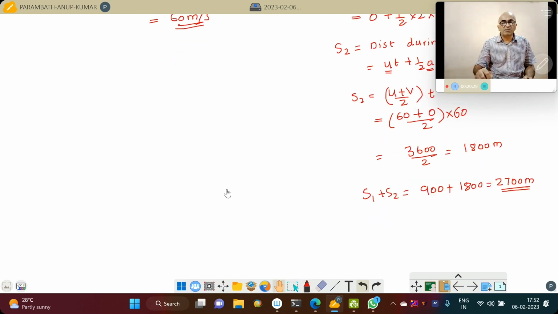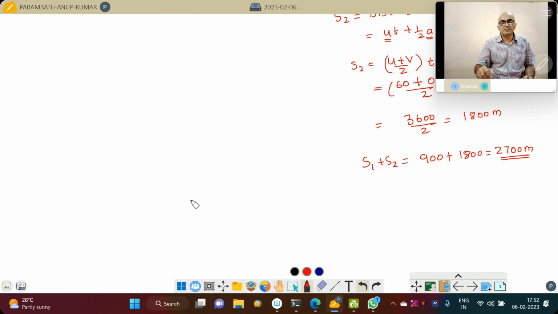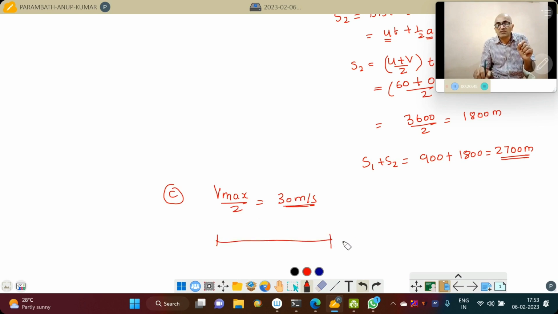Now coming to the C part. C part is asking us about Vmax divided by 2, that is 30 meters per second. He is asking us the positions. Let us say this is the way the train moved, and this is time t equal to 0. He has covered 900 meters, and then further when he stopped, 2700 meters.